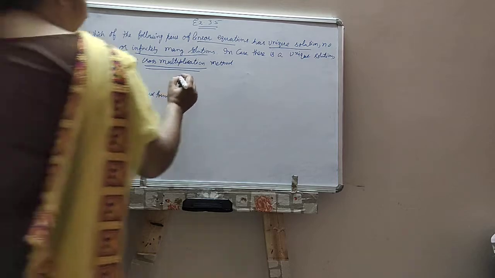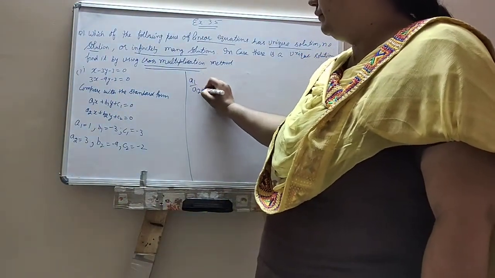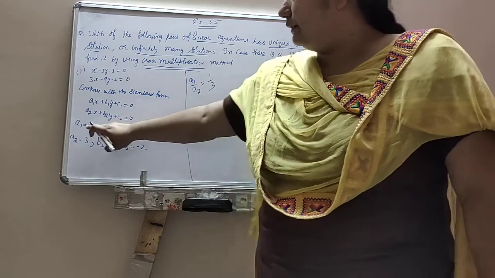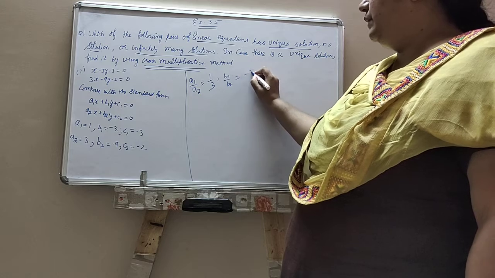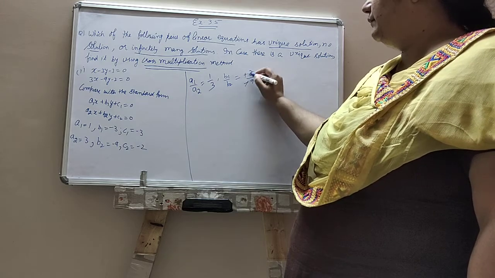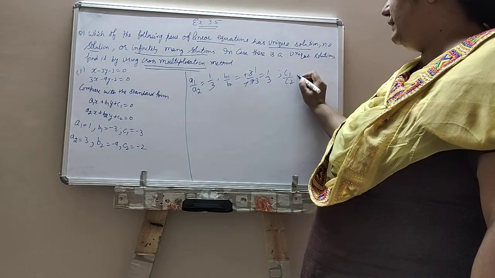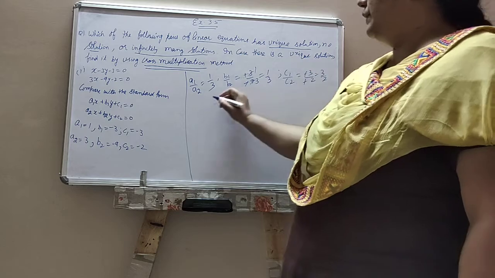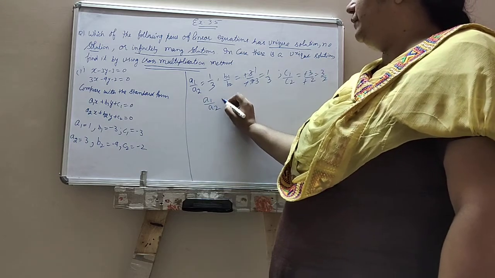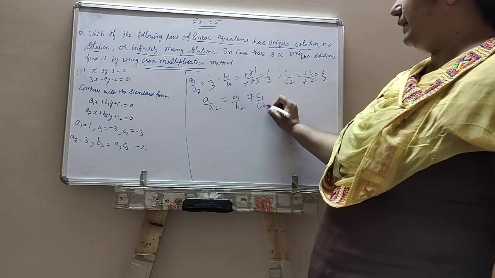Then ratio a1 by a2 is 1 by 3, b1 by b2 is minus 3 by minus 9, 1 by 3, c1 by c2 is 3 by 2. So here a1 by a2 is equal to b1 by b2 is not equal to c1 by c2.